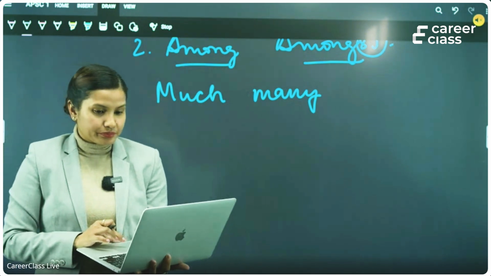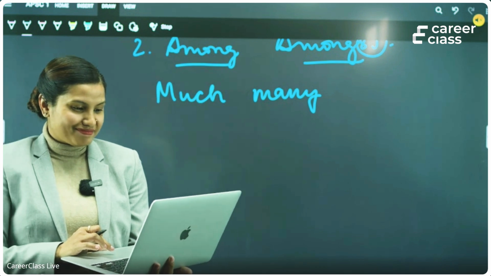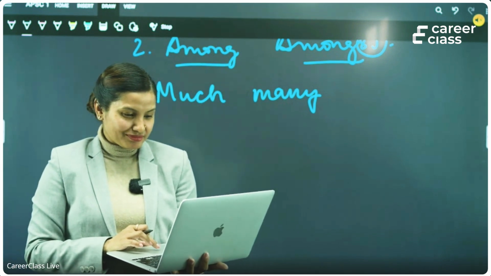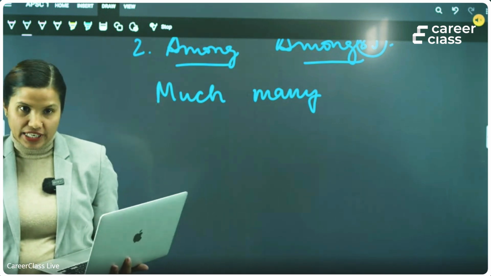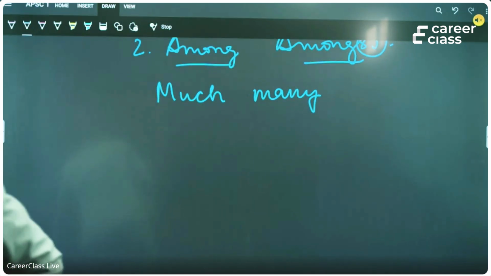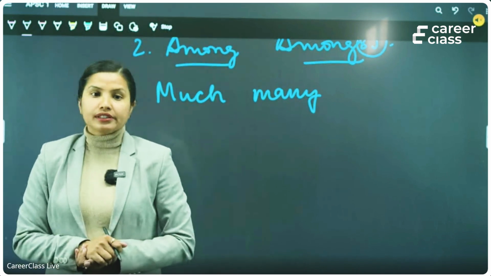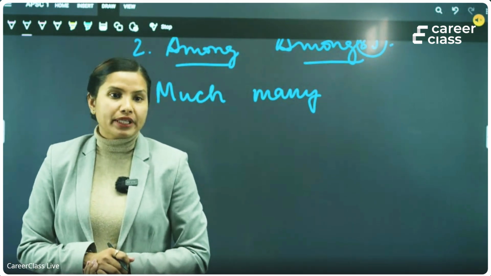Amongst and among. Yeah, here it is showing that both are commonly used, but one is British. Amongst is less commonly used and it is a British form of language. So, English has different forms. English is spoken in different countries, right? And which are the countries that normally speak English?